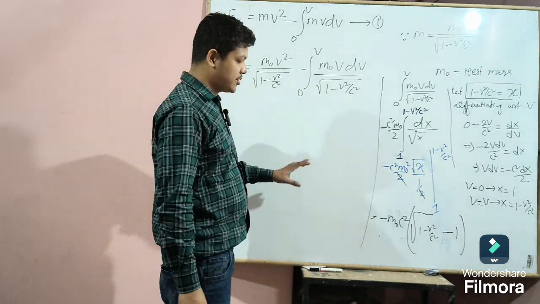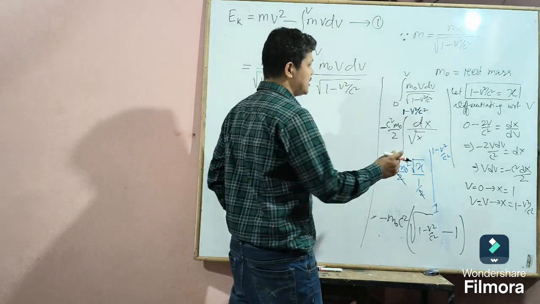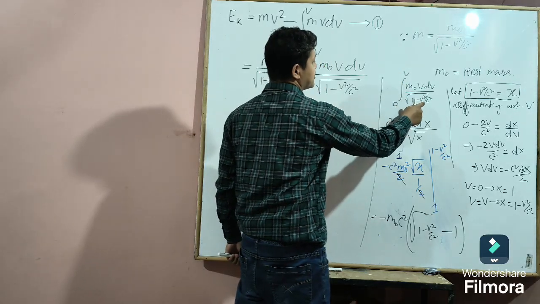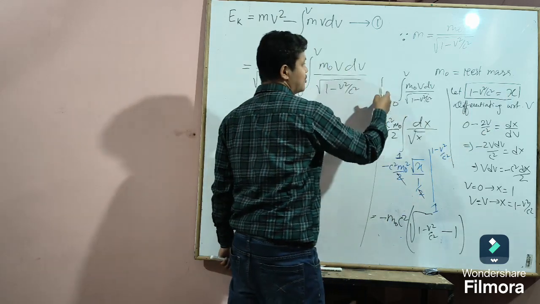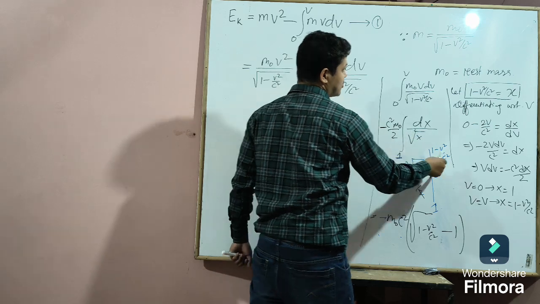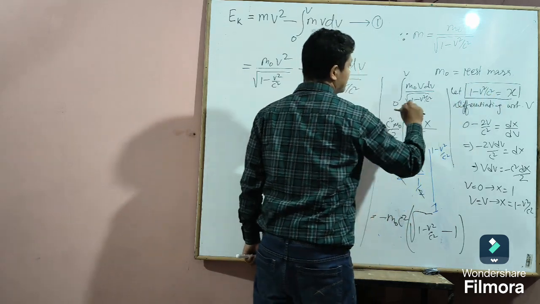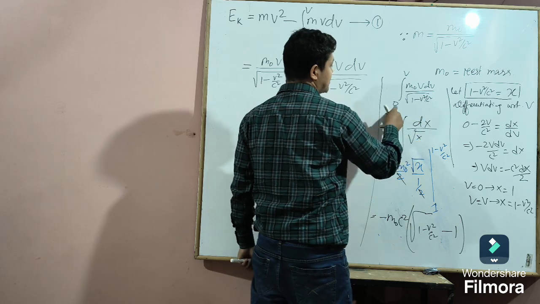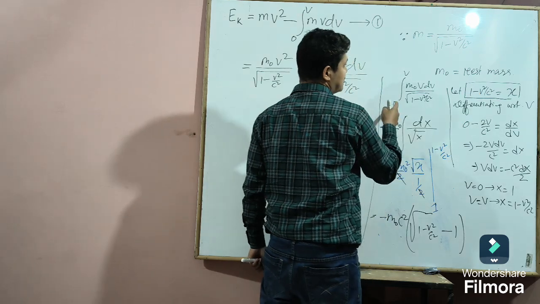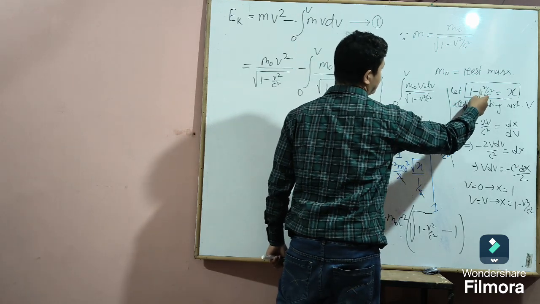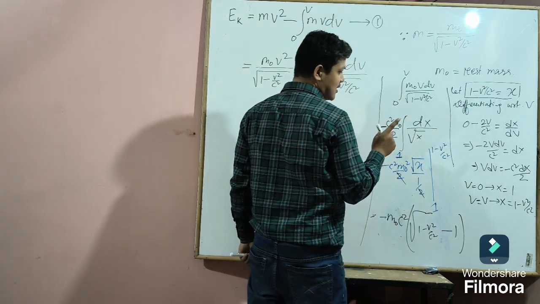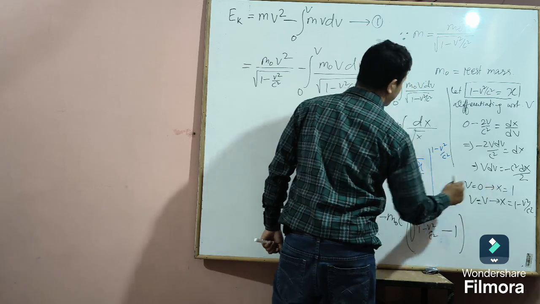Now let me clear one more thing here. So what we have written here, instead of v, let me tell you again, when we have substituted this by x, then these 2 should also be changed, right? So for x, we have considered x is equal to 1 minus v square by c square. So if you replace this by x, then when v is equal to 0, when the lower limit is 0, then 1 minus 0 square by c means 0, then 1 minus 0 is 1, so x becomes 1, right? So for v is equal to 0, x becomes 1.